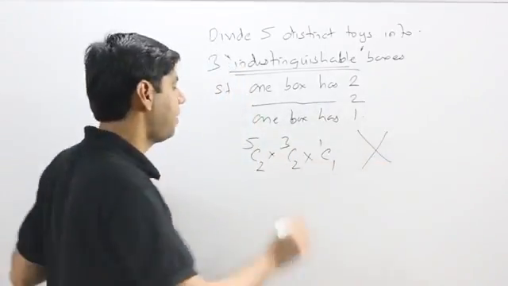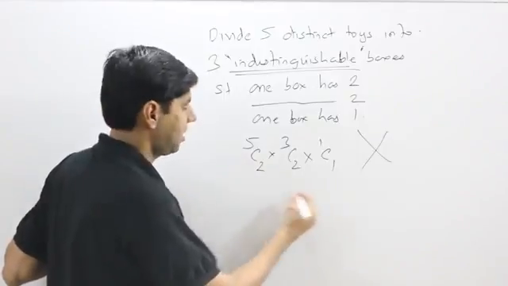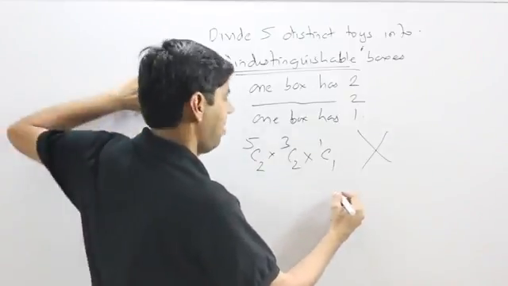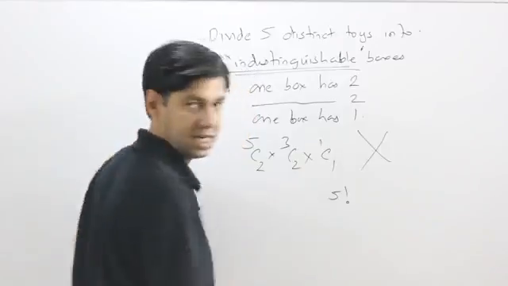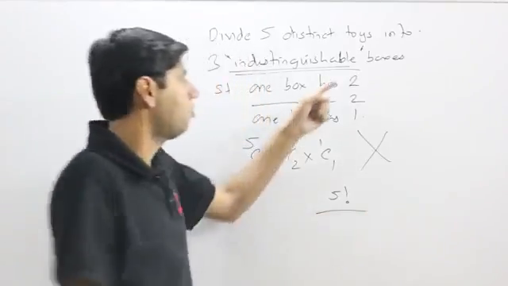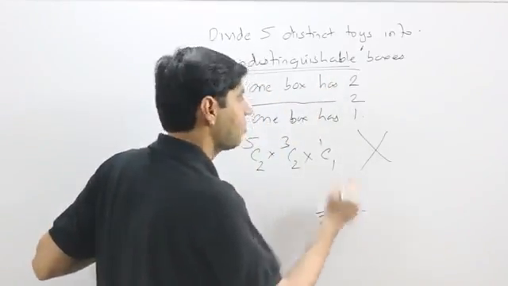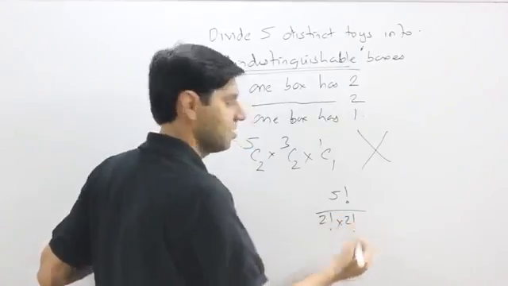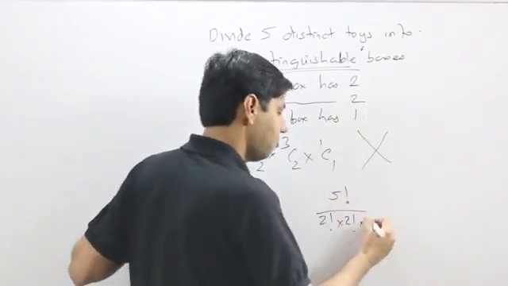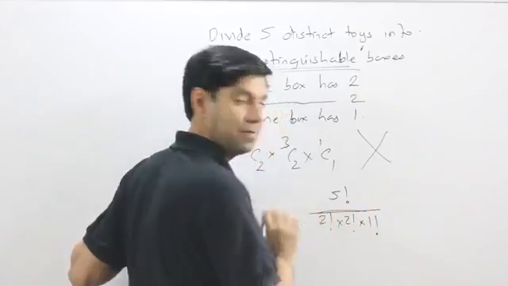Using the logic of grouping, what is the answer correctly? Let's just use straight grouping. We would have 5 distinct objects, that is 5 factorial ways, divided by: one group has a size of 2, so that is a 2 factorial. Another group has a size of 2, which is a 2 factorial. 1 factorial, just for uniformity purpose.